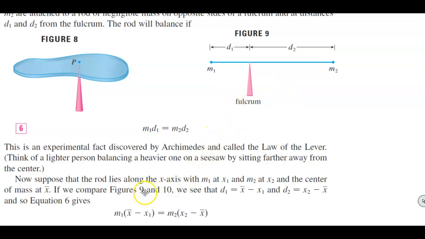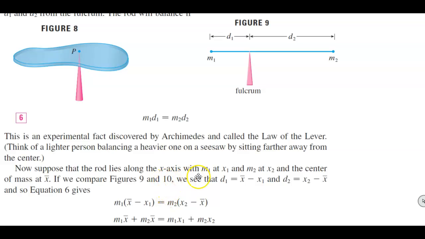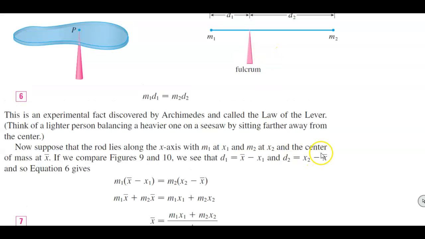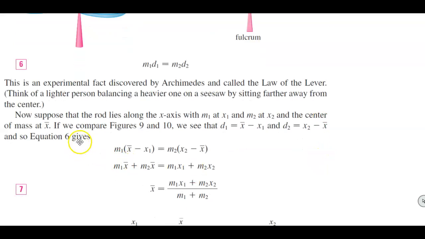Now suppose that the rod lies along the x-axis with M1 at x1 and M2 at x2, and the center of mass at x bar. If we compare figures 9 and 10, we see that D1 is equal to x bar minus x subscript 1, and D2 is equal to x subscript 2 minus x bar. And so in equation 6, we take mass 1 multiplied by distance 1, which is equal to mass 2 multiplied by distance 2.